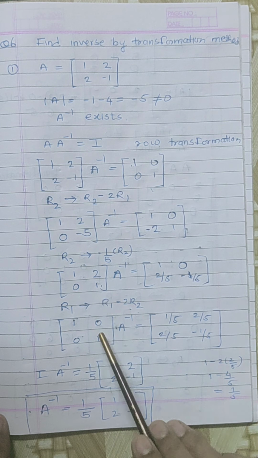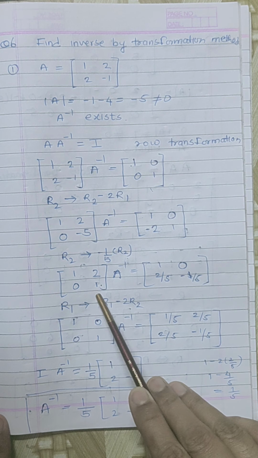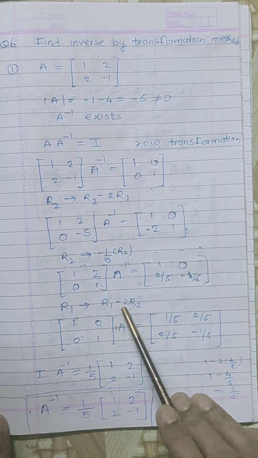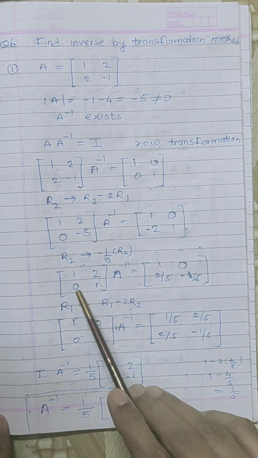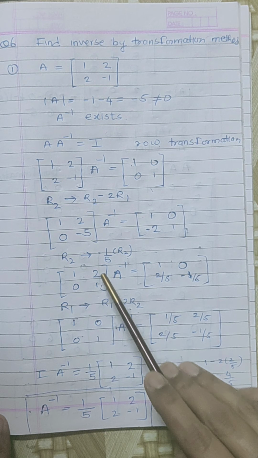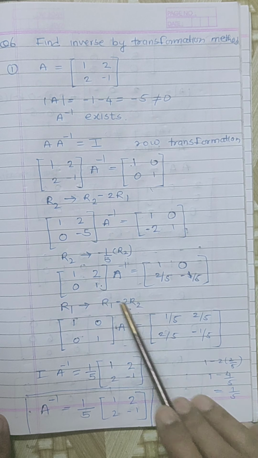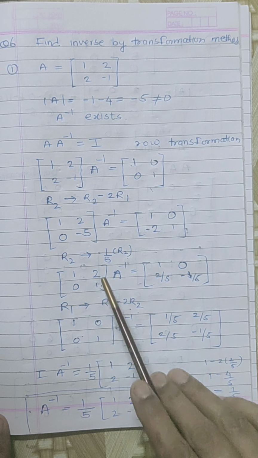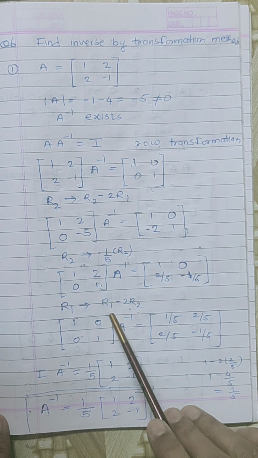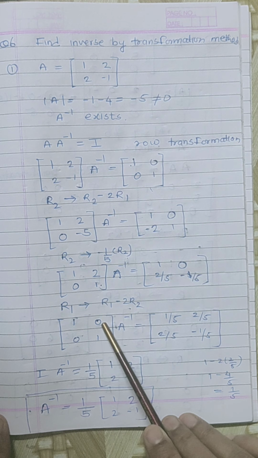So R1 changes to R1 minus 2R2. You see, when 1 is there, we can change it very easily. So R1 changes to R1 minus 2R2. Write R2 as it is, and here it will remain 1 only, and R1 minus 2R2 means: there is a change in R1, so 2 minus 2 into 1 is 0.